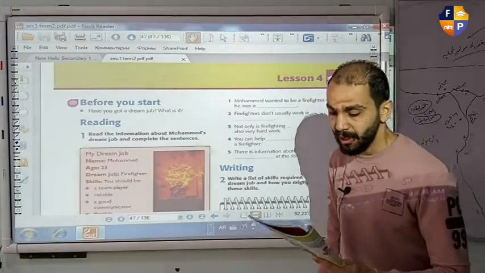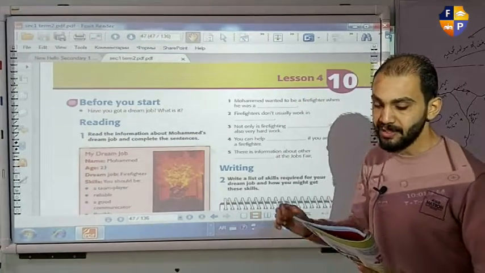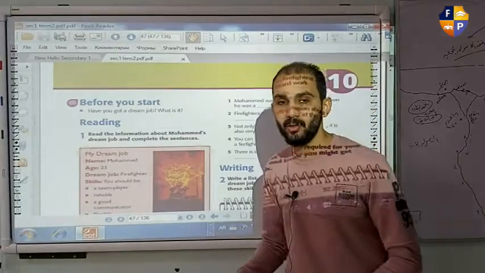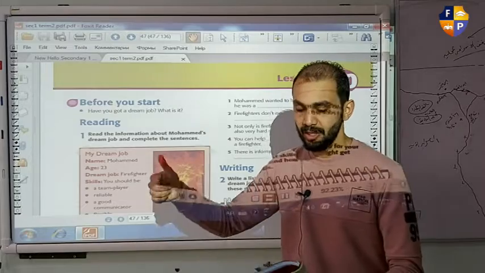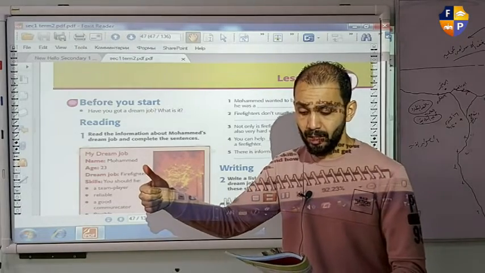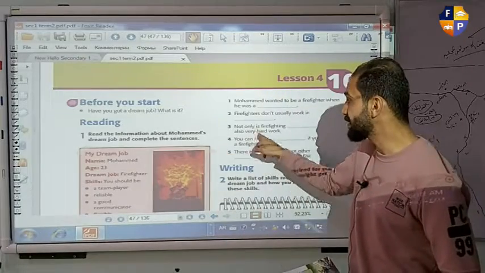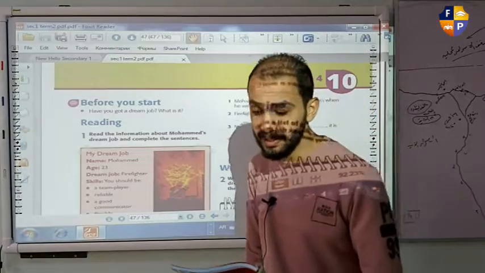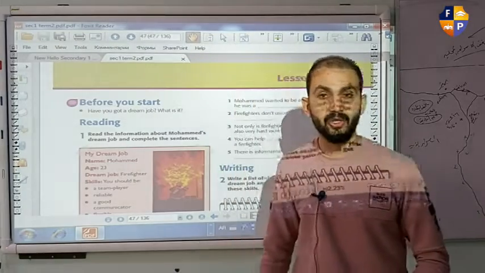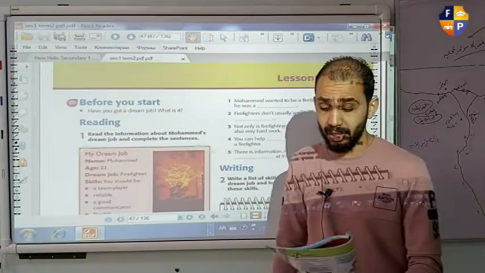Number 3, not only is firefighting blank, it is also very hard work. So we have two words that describe firefighting: hard work, and exactly, number 3 takes dangerous. Number 4, you can help the blank if you are a firefighter. Who are you going to help? Yes, exactly, the community.